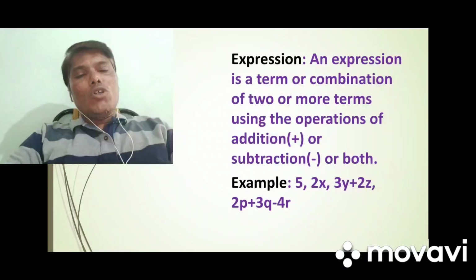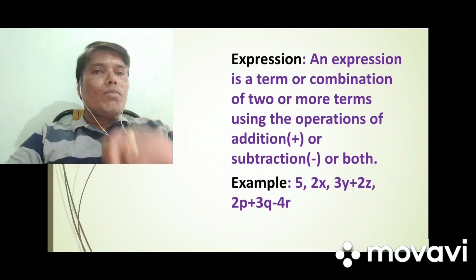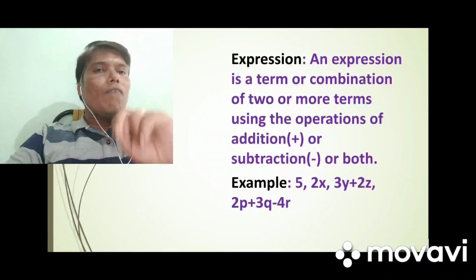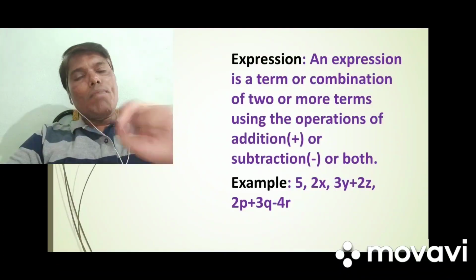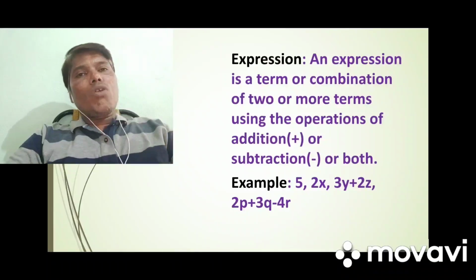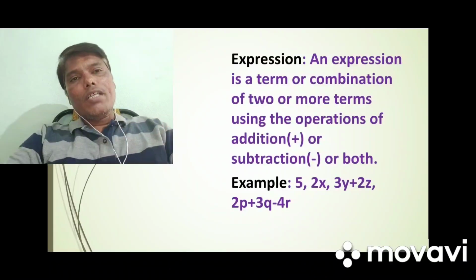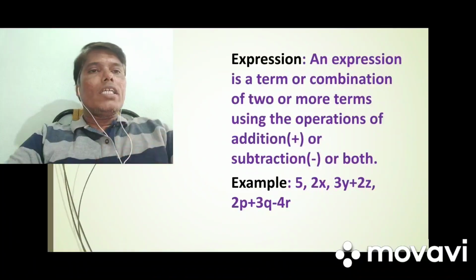Next you observe 3y plus 2z, it is also an algebraic expression having two terms. We used the symbol plus to combine these two terms. And 2p plus 3q minus 4r, it is also an algebraic expression having three terms. Here we used both the operations plus and minus to combine these three terms.